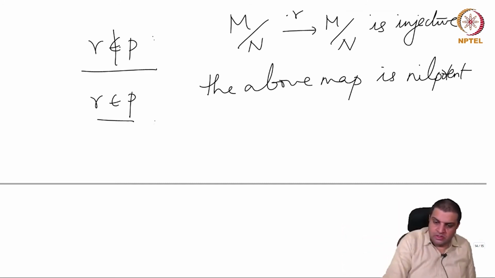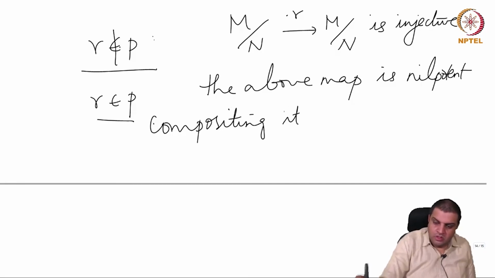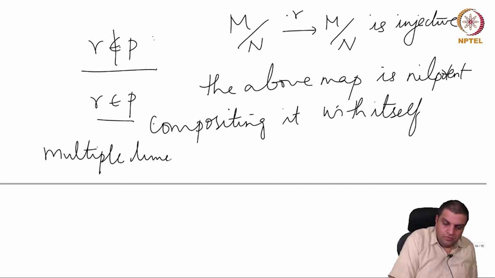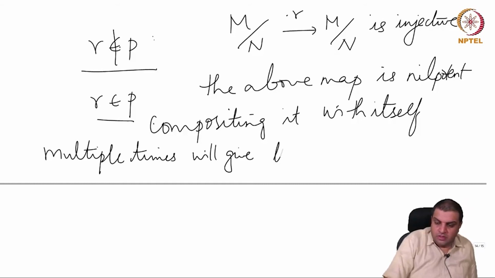Okay. So composing it with itself multiple times will give the zero.